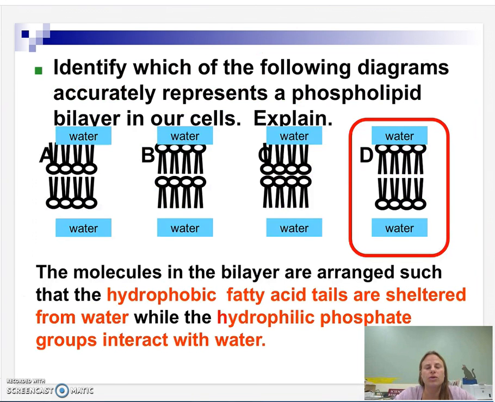So at this point, if we were to identify which of the following diagrams accurately represents a phospholipid bilayer in our cells, we would be looking at the arrangement presented in option D, because it shows the hydrophobic fatty tails that are sheltered from the water, while the hydrophilic phosphate groups are interacting with the water.